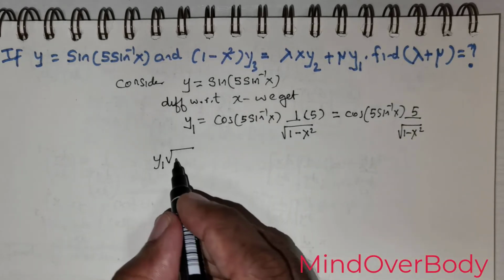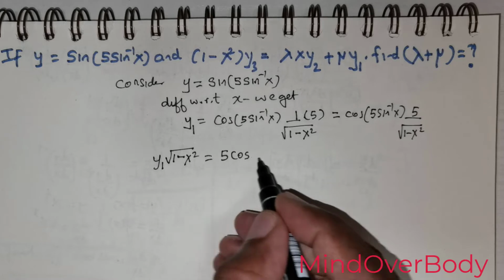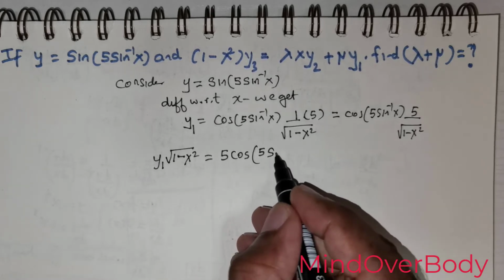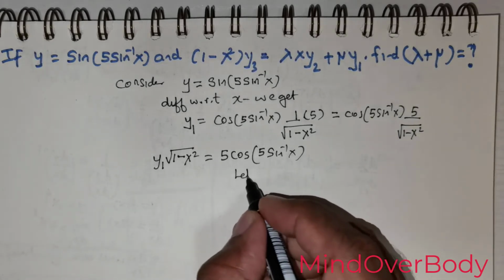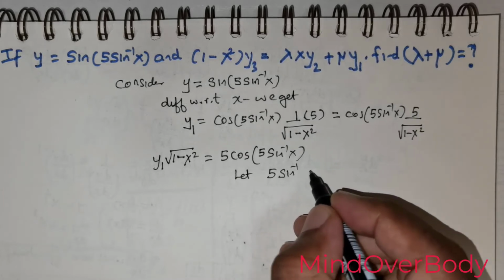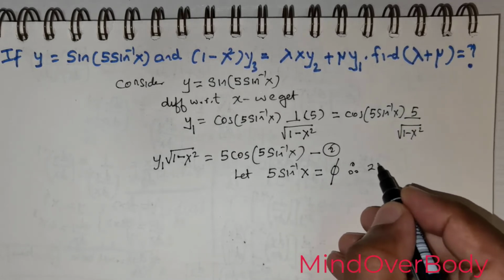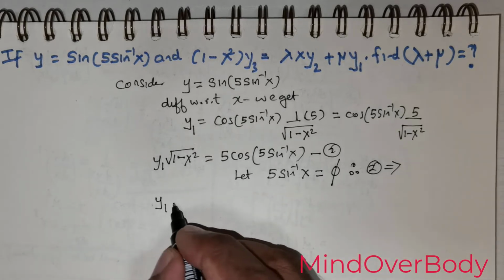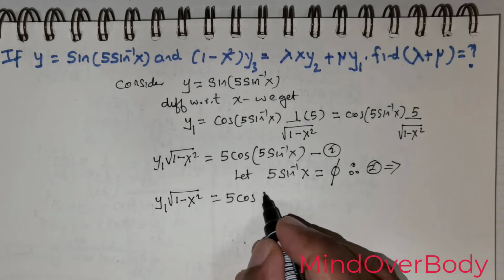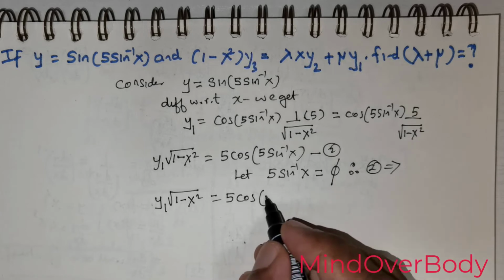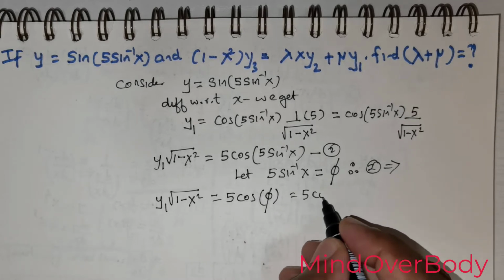So that's going to be y₁ times the square root of 1 − x² equal to 5 times cos of 5 sin⁻¹x. Next, I'm going to let 5 sin⁻¹x be equal to some φ. Therefore I can rewrite this as y₁ times root of 1 − x² equal to 5 times cos φ. So probably it's better to write it like this, cos φ.